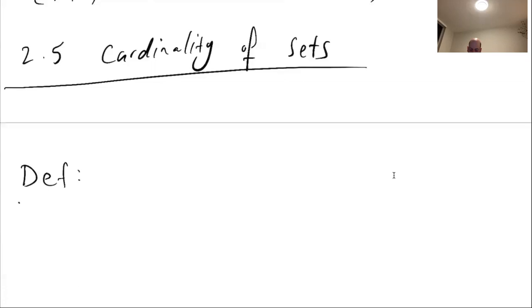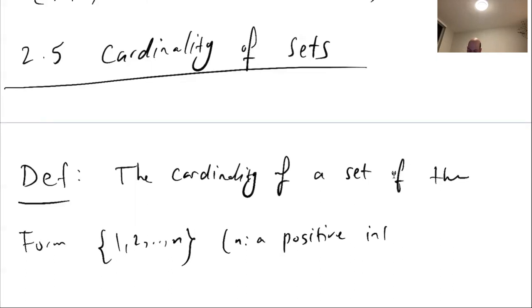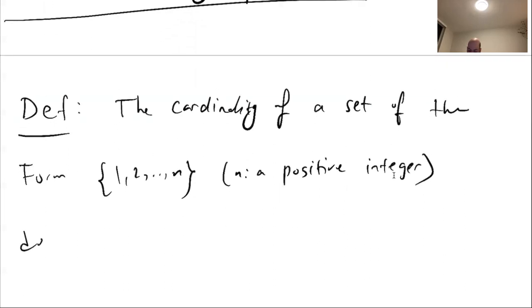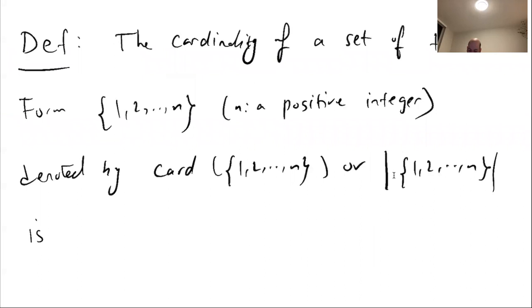Okay, so let's start with the simple case, the finite case. Definition. The cardinality of a set of the form 1, 2 to n, where n is a positive integer, denoted by, remember we gave two notations, card or just an absolute value notation, is defined as n.